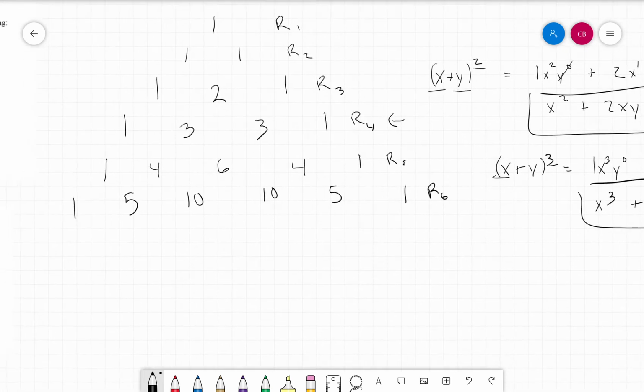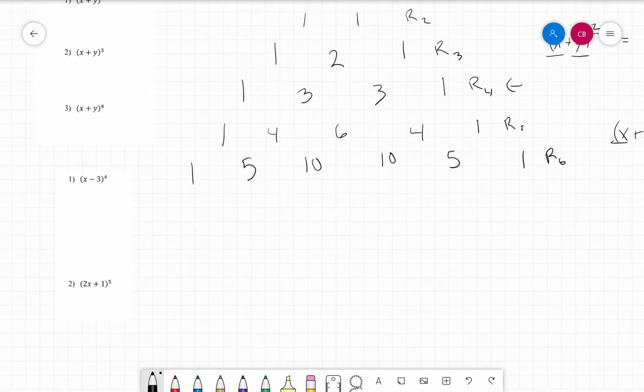We're going to do another one. I guess we have the fourth power now. So we're using row 5, this one. So this is x plus y to the fourth power. So we're going to write out 1, 4, 6, 4, and 1.